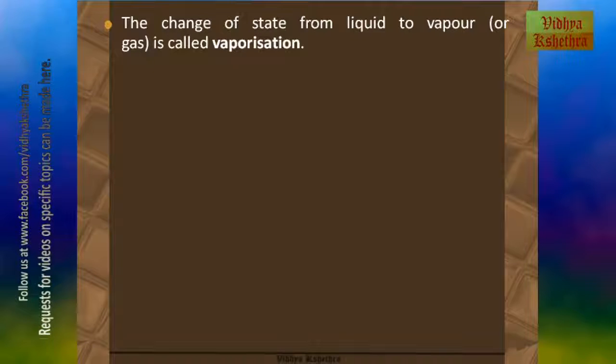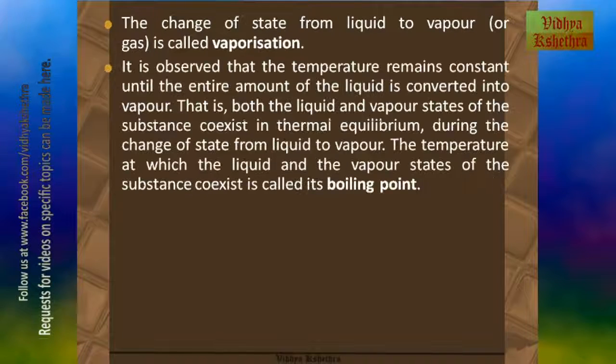Now the change of state from liquid to vapor is called vaporization. This can be observed when water is boiled and we can see that water turns into steam. It is observed that the temperature remains constant until the entire amount of the liquid is converted into vapor.